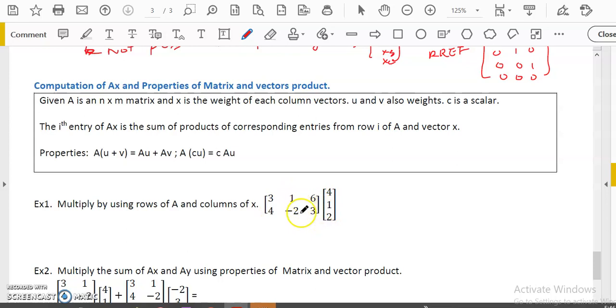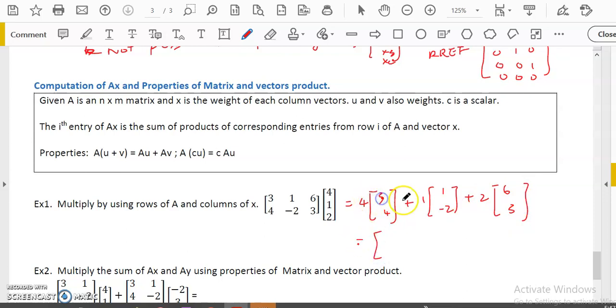So if you look at this, it is basically 4 times 3 4, and then 1 times 1 negative 2. By definition, this is the definition. 2 times 6 3. But if you look at how I did it, the answer would be 3 times 4 add 1 times 1 add 2 times 6.